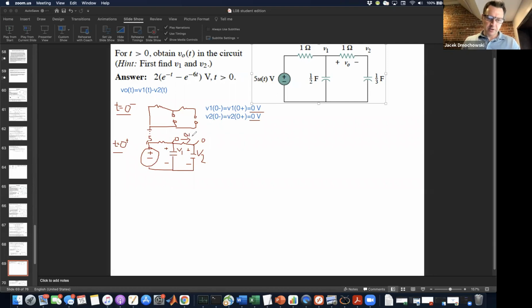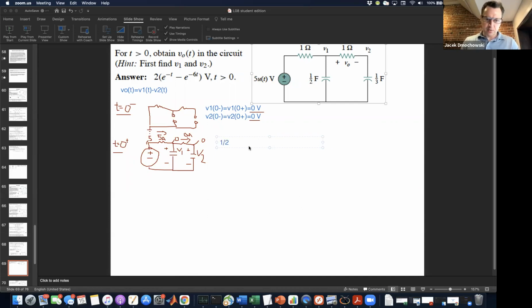This is 0 amps. And there's a current of 5 amps flowing here. 5 minus 0, right? It's flowing that way. And this entire 5 amps has to flow through here. Has to go this way. So we have the C1. So I'm just gonna put it in.